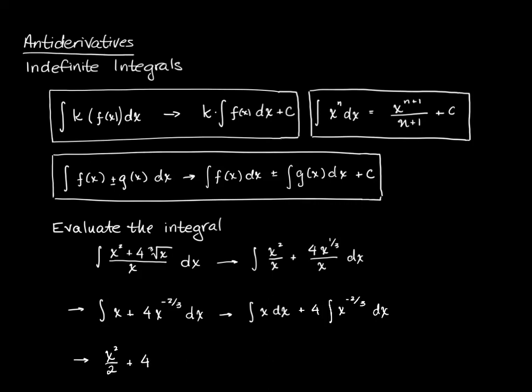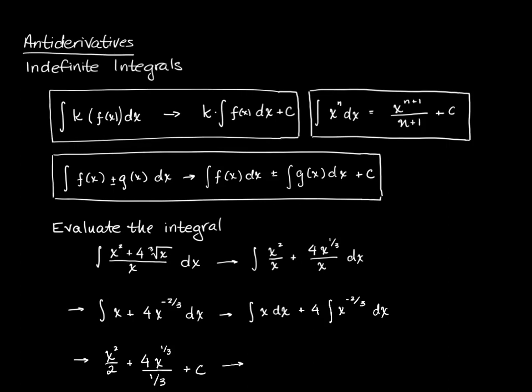Then I have 4 times an integral, so I'll write 4 times whatever my answer is to that integral. My power here is negative 2/3. So if I add 1 to negative 2/3, I get positive 1/3, and then I need to divide by positive 1/3. When I'm done, of course, I'll have to add plus c.